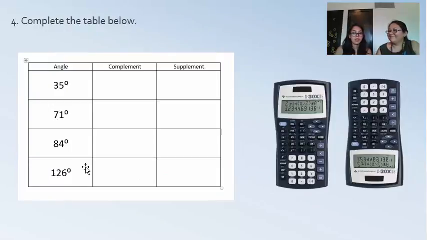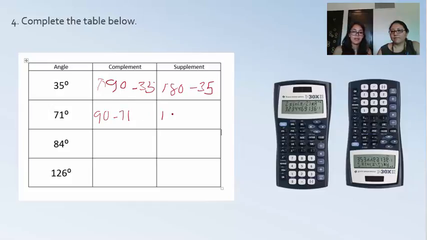Moving on. Okay, so we have extra practice here, but in a table format. You have the angle 35 degrees, and you're trying to find its complement. Like Yadira mentioned, the complement will be 90 minus 35. And then for the supplement, 180 minus 35. Complement will be, again, 90 minus 71.